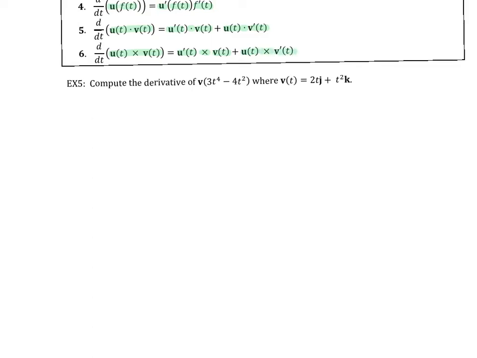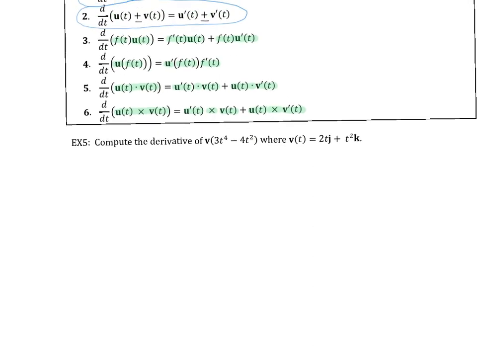On the right-hand side, we're computing the derivative twice, and we're computing two cross products. And cross products are kind of intensive. So again, I would caution to probably do the cross first and then take the derivative.